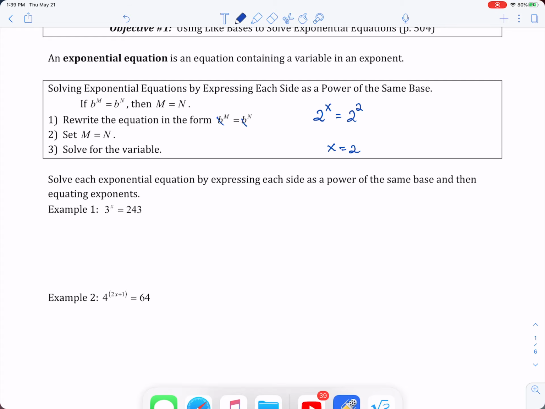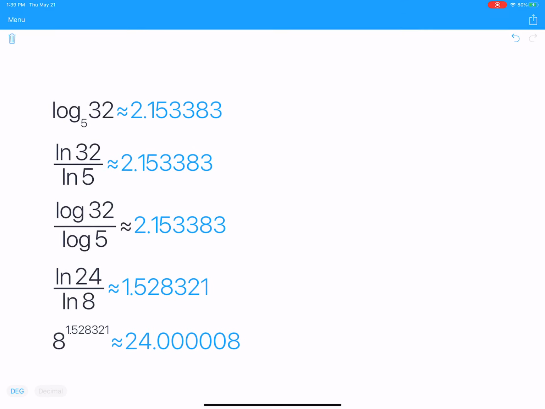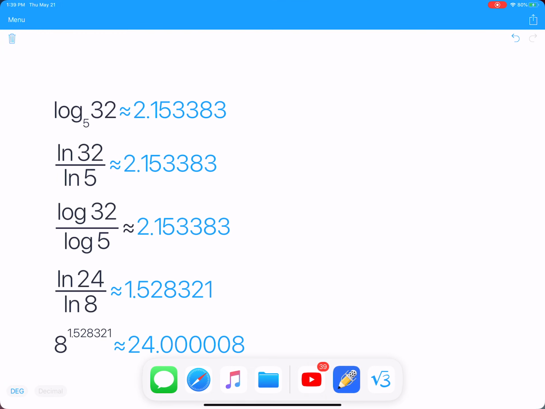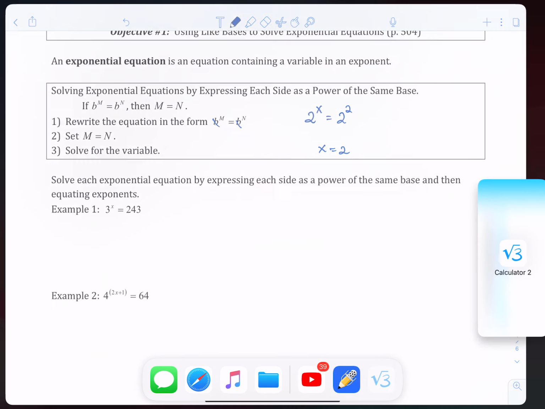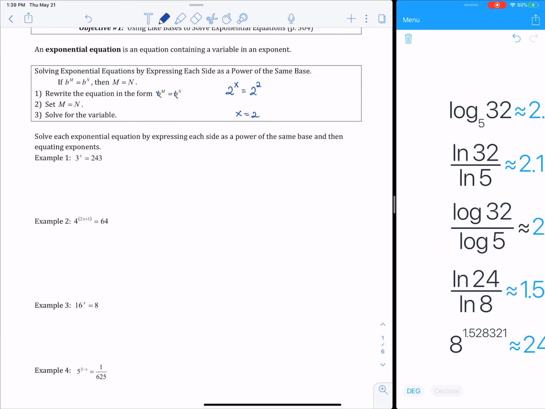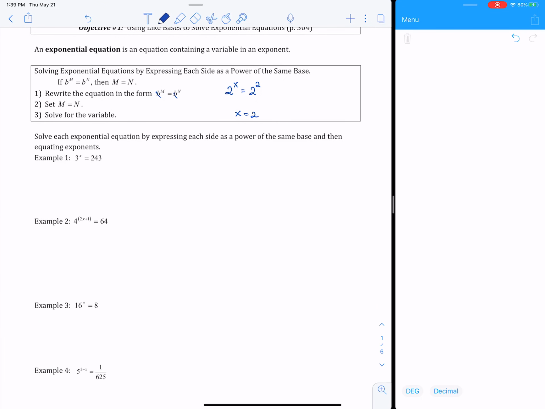So 3 to the x is equal to 243. I would like to know what 243 is. So 3 to the 4th is equal to 81. So 3 to the 5th is equal to 243.